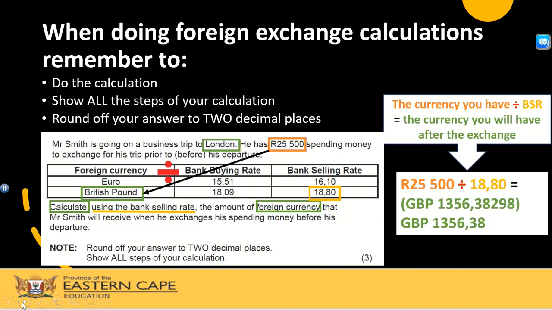So when you round it off, you look at the third number after the comma, and that is a 2. Because that is a 4 or less, you are not going to round the answer off. So your final answer in that case is 1,356 pounds.38.